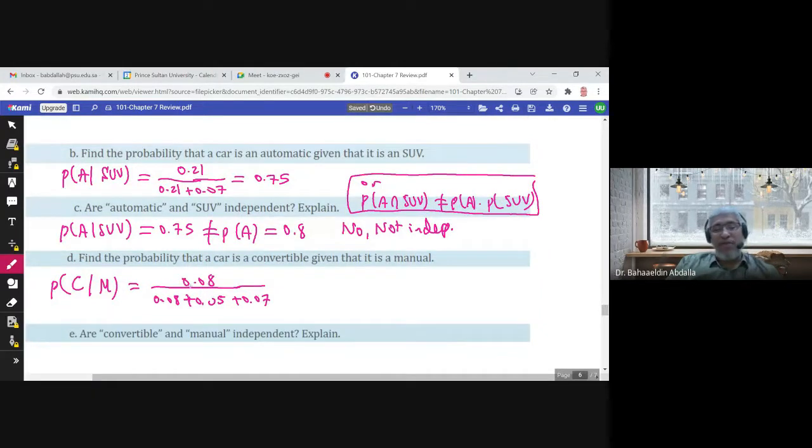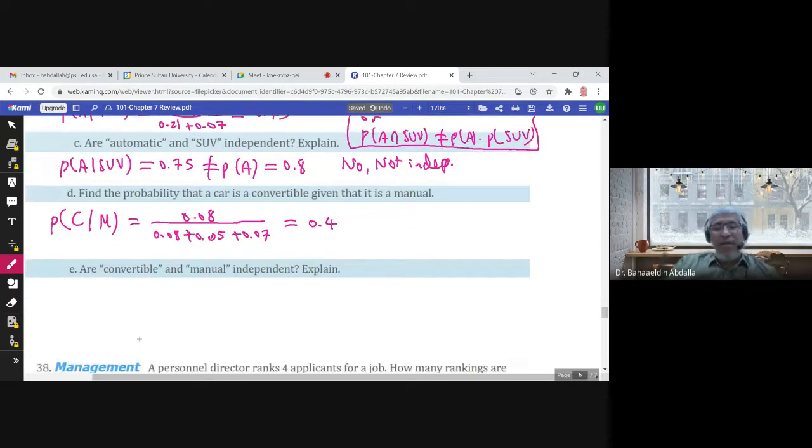That's the probability of the intersection between convertible and manual. If you use the calculator and divide, the answer is 0.4.